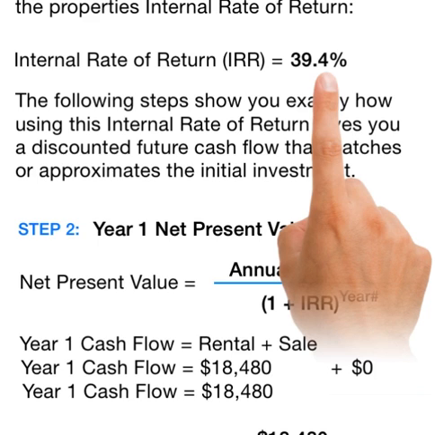The higher the internal rate of return, the better. It's up to you as to what you expect your internal rate of return to be. In our case, we only want to accept properties that have an internal rate of return of 10 or more. Ours exceeds that by far, at 39.4.